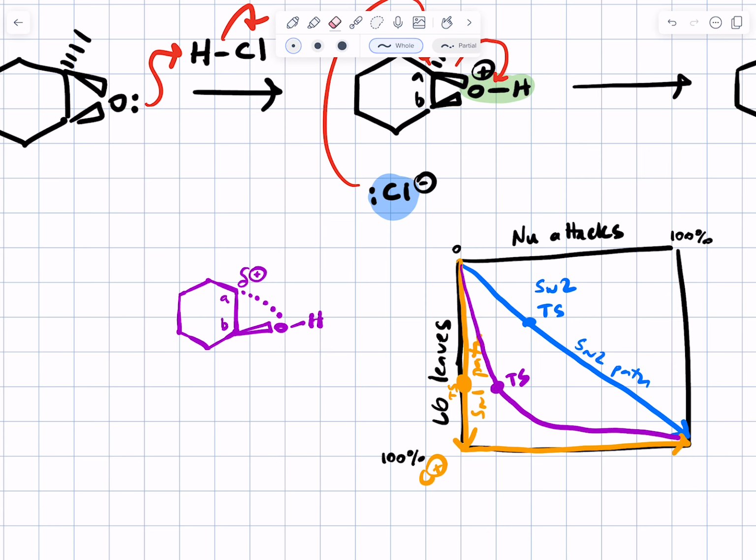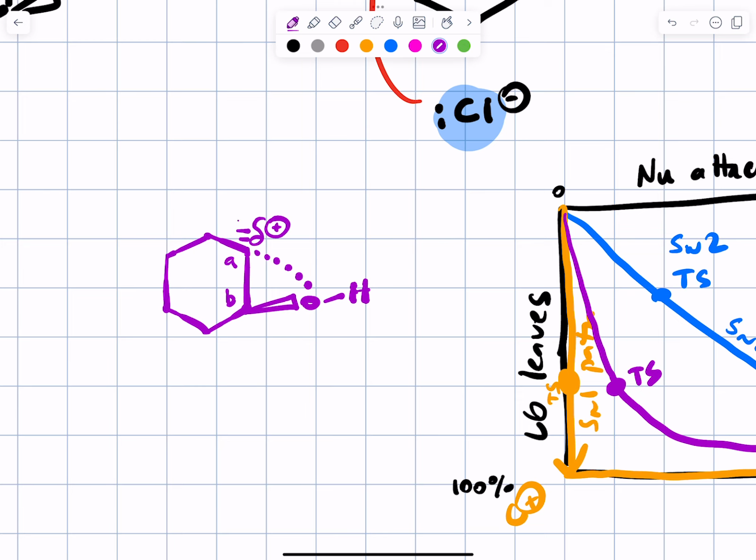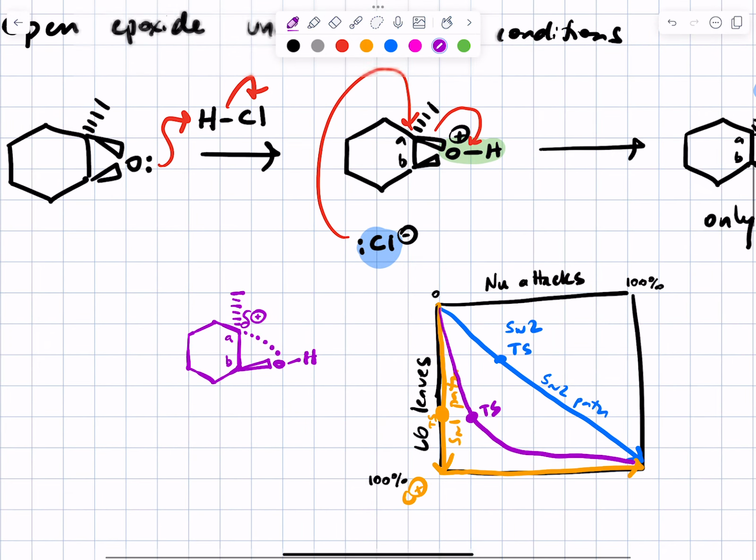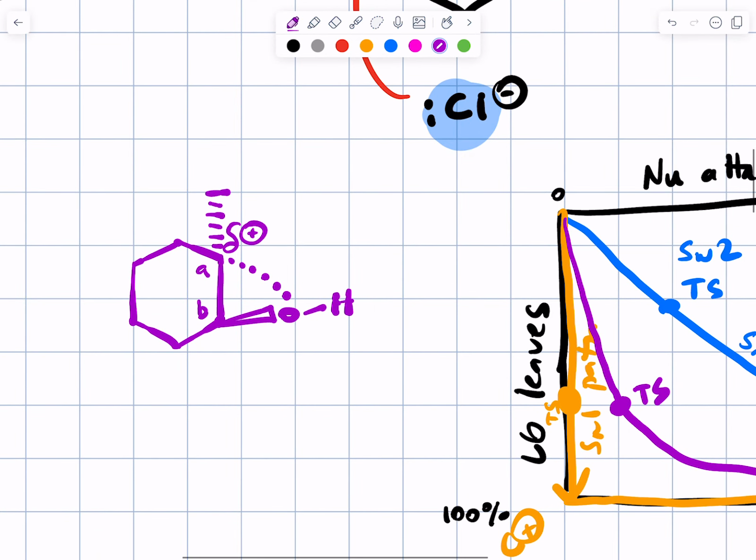Most of that positive charge should be felt on carbon A, although it's not a complete positive charge, and that is because the leaving group is not completely gone yet. And then we can draw the methyl group sort of pointing downward on carbon A.